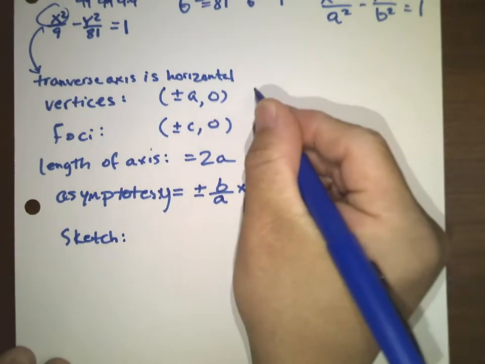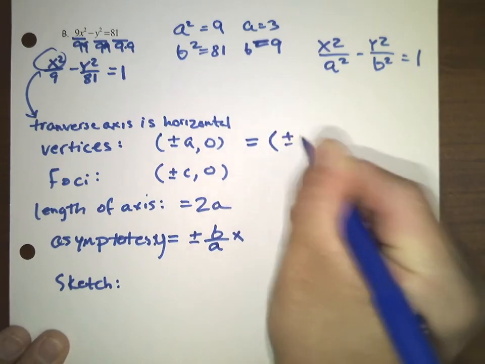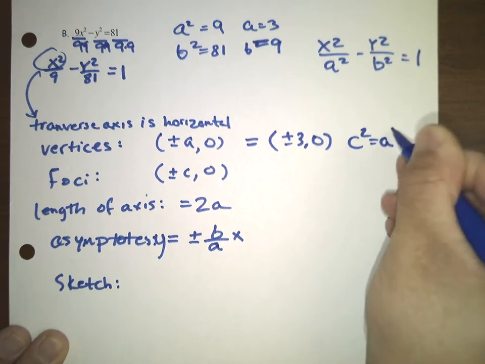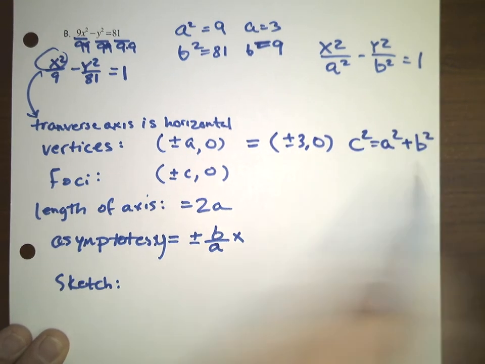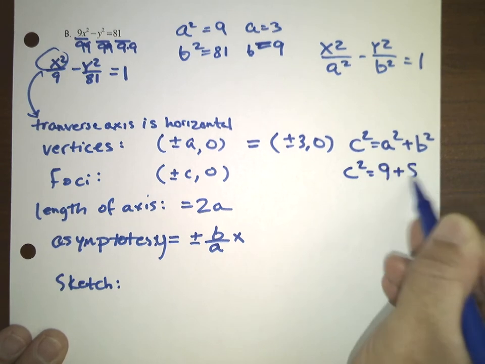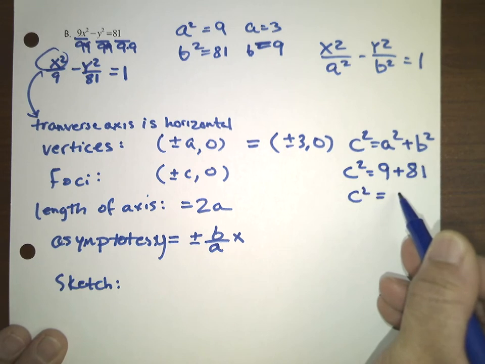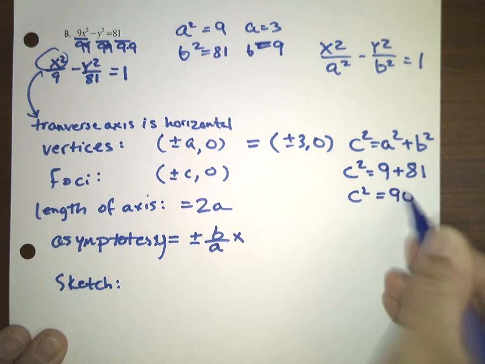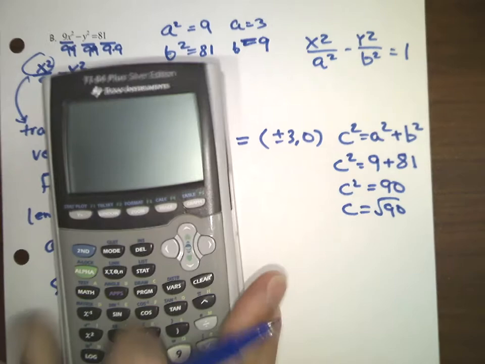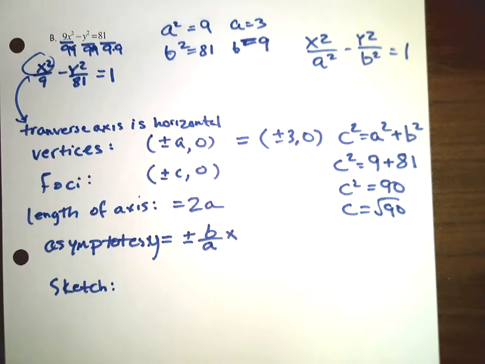So a was 3, so the vertices are at plus or minus 3, 0. And just like before, c squared is a squared plus b squared. Since a squared was 9 and b squared was 81, c squared is equal to 90. So c is the square root of 90. Let me give you an estimate of this so that you can see where that might be on the graph, about 9.5.